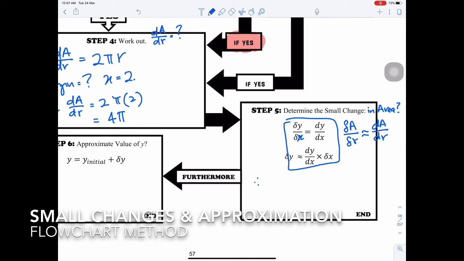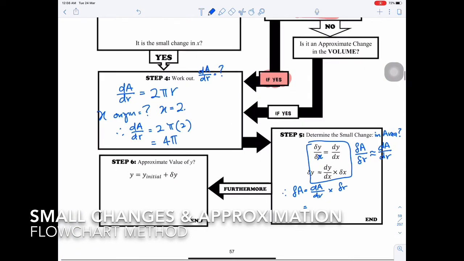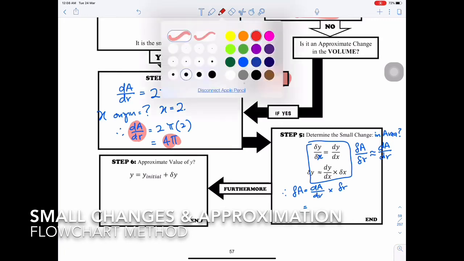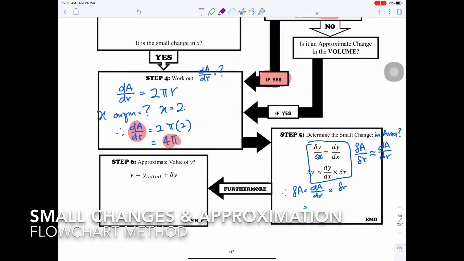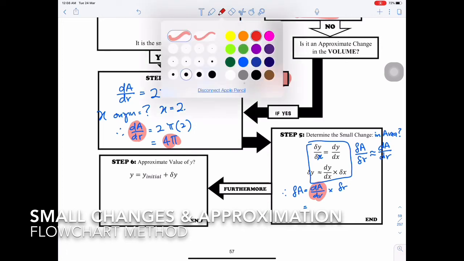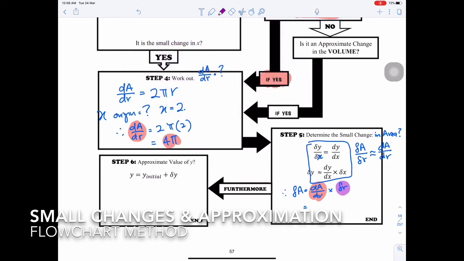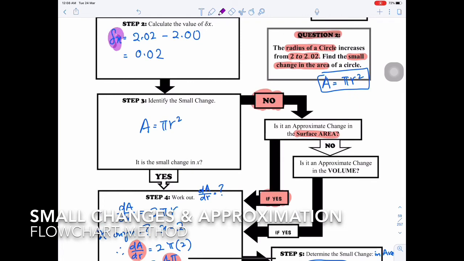Therefore delta A equals dA/dr times delta r. As you can see, the value of dA/dr is 4 pi, and the value of delta r is 0.02.